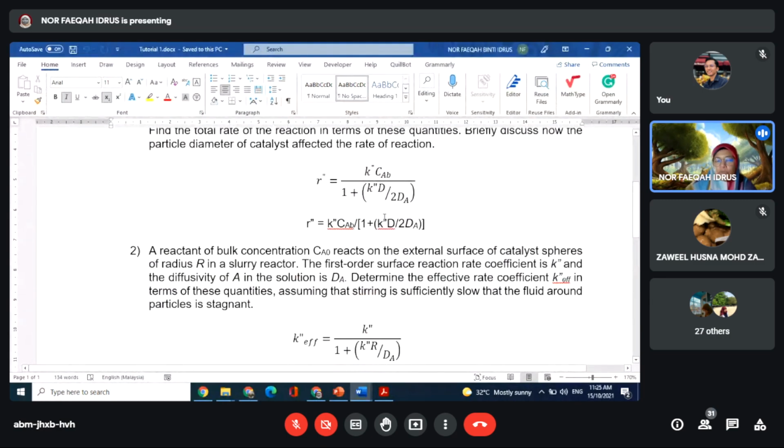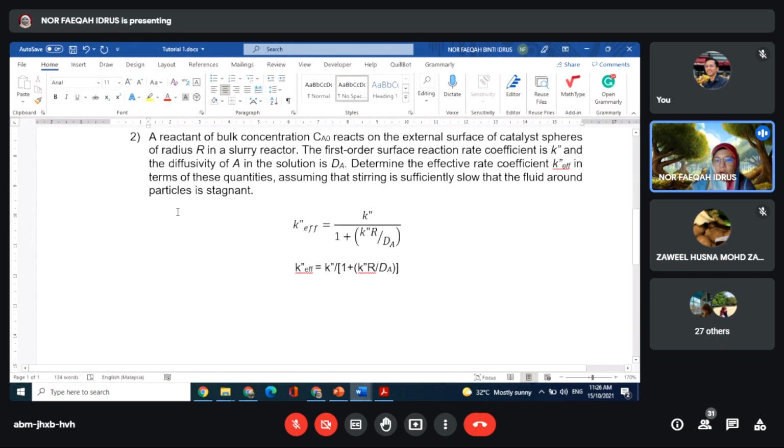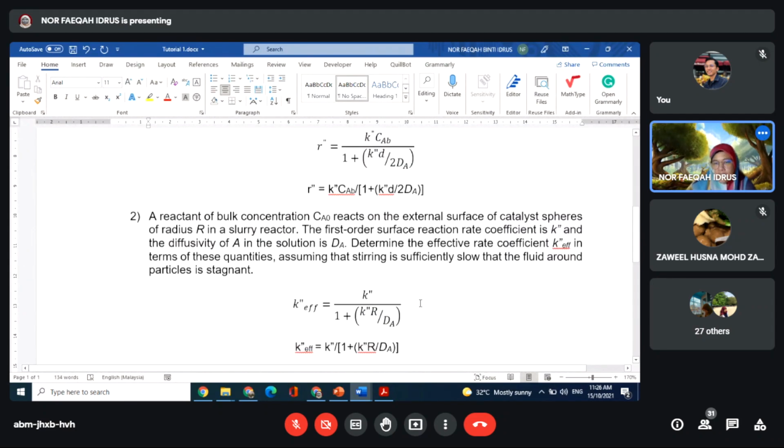And then for equation 1 pun sama je derivation on how to derive it. So kalau tak nak confuse diameter, jangan buat capital D. Okay, so untuk question 1 soalan dia sebab sama, so this is the answer. Question 2 pun you should get the same answer. Or question 2 ni, because in terms of R, you can replace D as 2R and then cancel out 2, dapatlah R over DA.